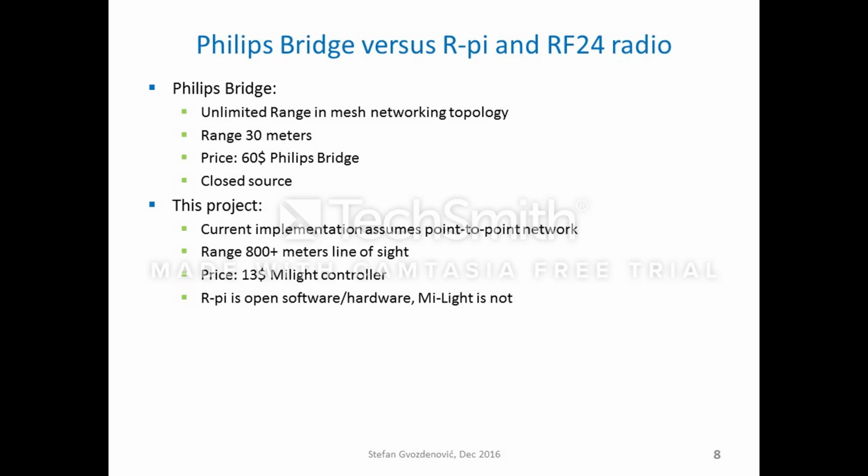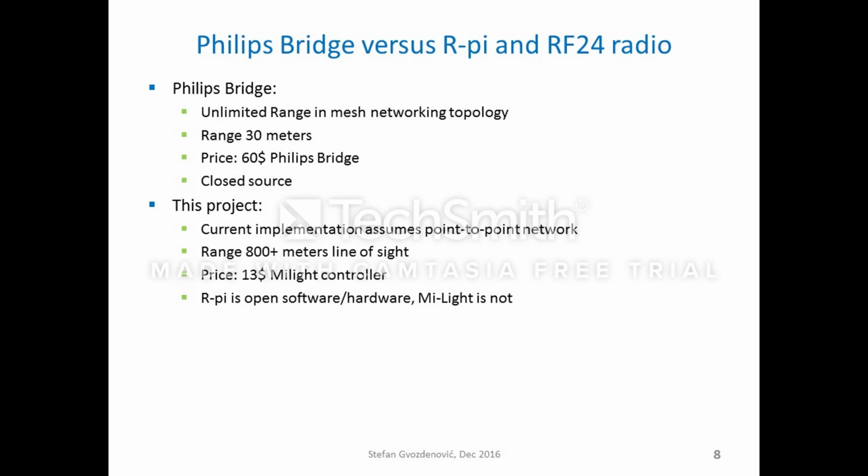The price comparison assumes that the light bulb made by Philips and MyLight are approximately same price, and that this audience already has Raspberry Pi or similar general purpose computer.